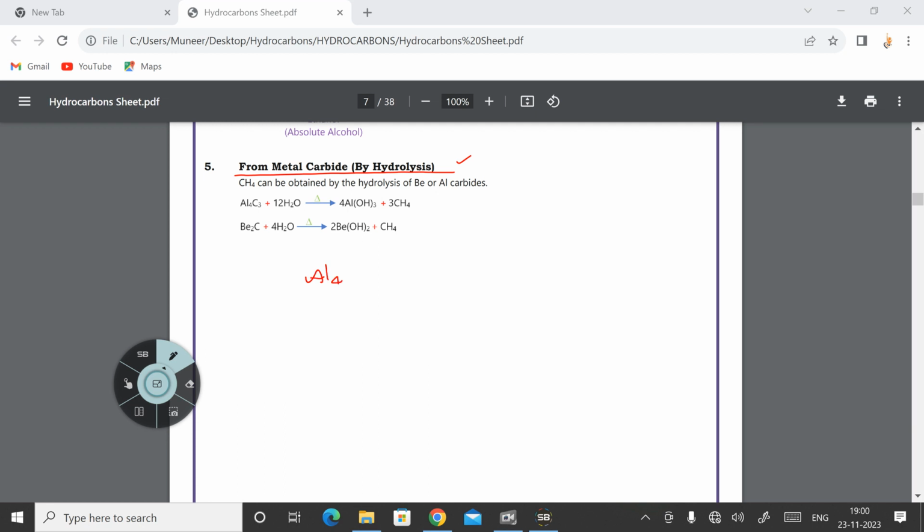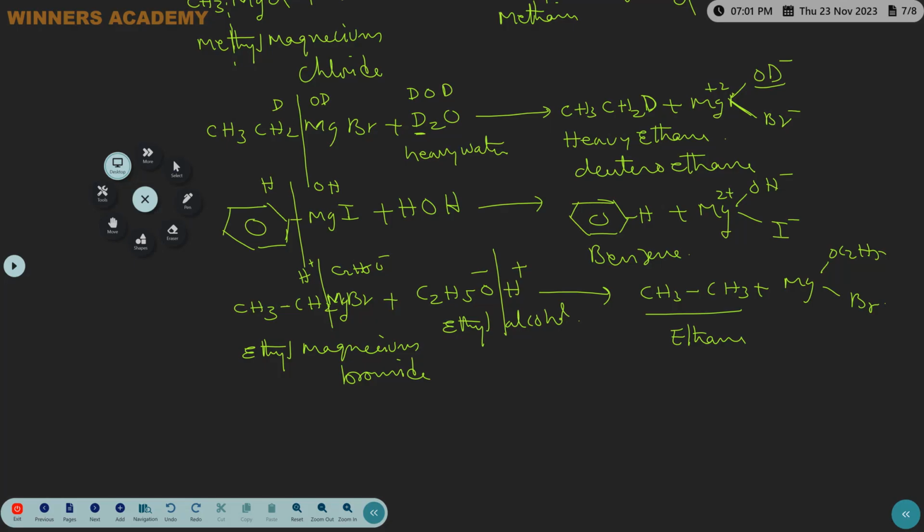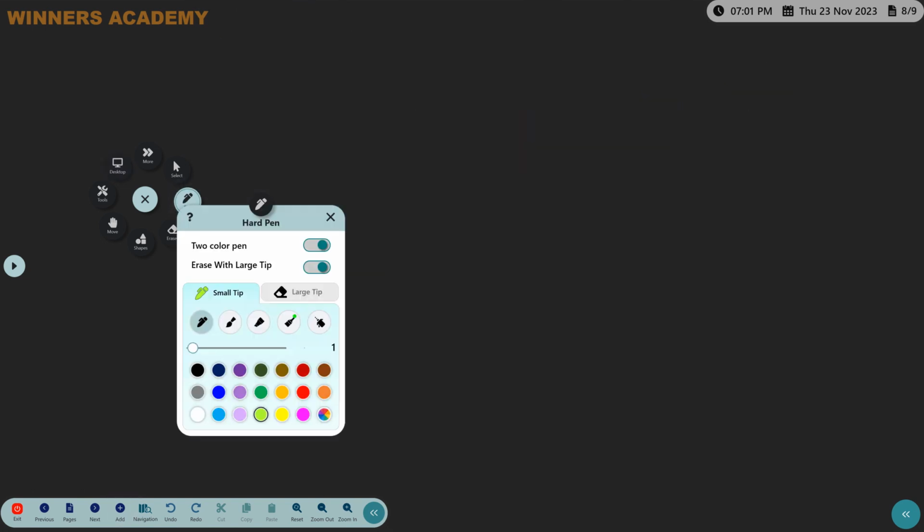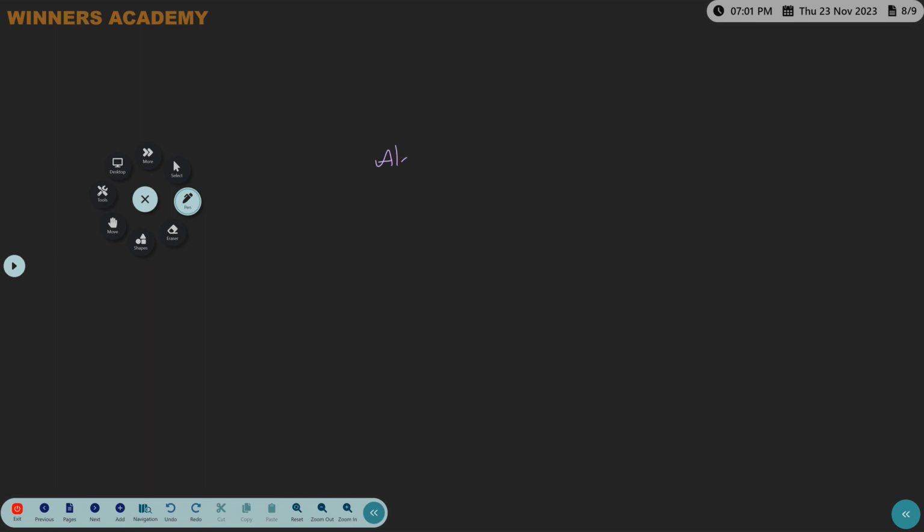Aluminium carbide, formula Al4C3. See, I will explain here. What is the formula of aluminium carbide? Aluminium carbide formula is Al4C3.